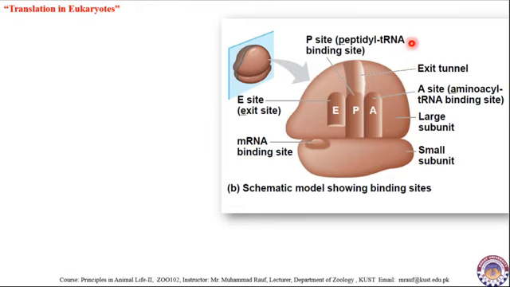So the remaining tRNAs will always enter the A site, and there will be a displacement equivalent to a single codon or 3 bases, which provides a vacant slot for the incoming tRNA.